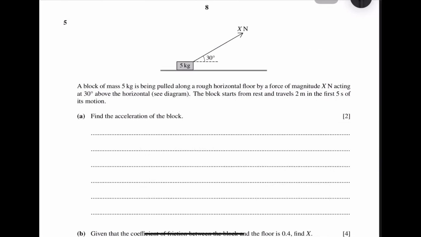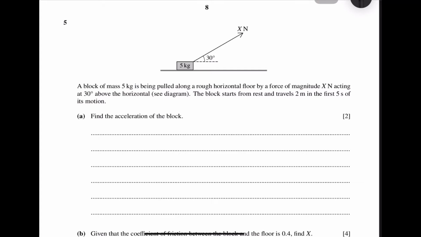Okay, now let us see question 5. A block of mass 5 kg is being pulled along a rough horizontal floor by a force of magnitude x Newton acting 30 degrees above the horizontal.